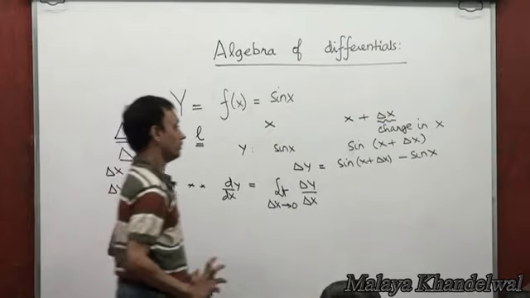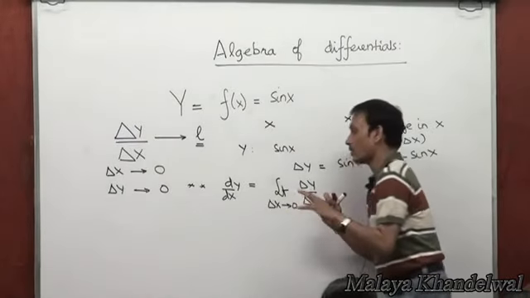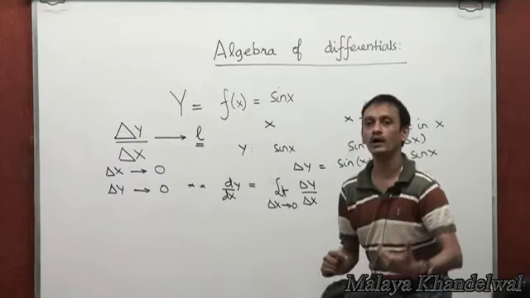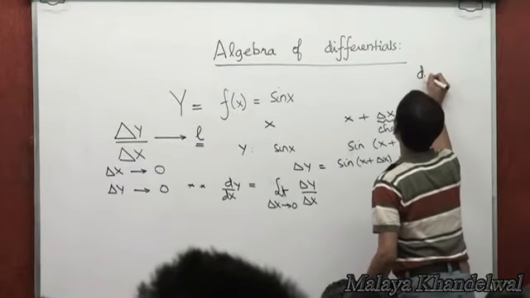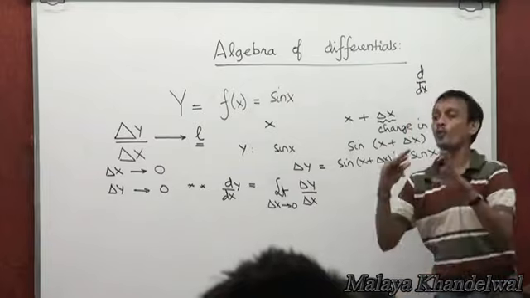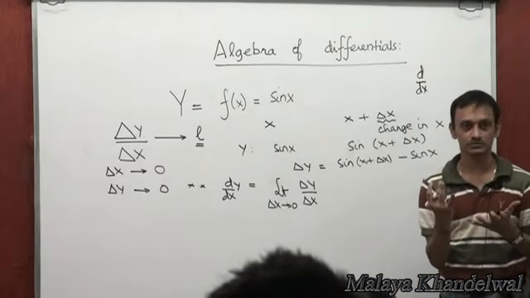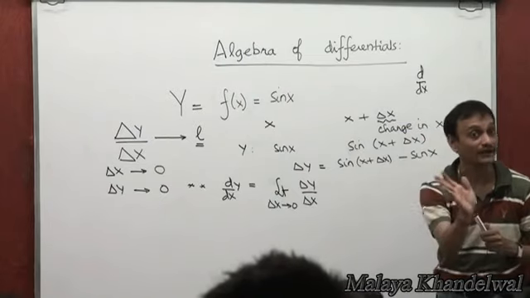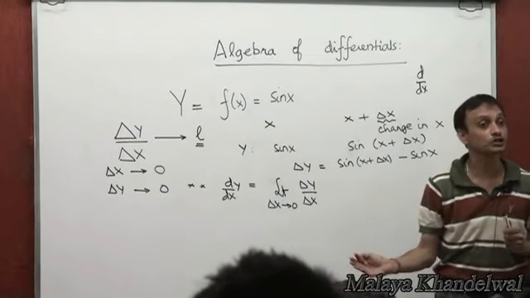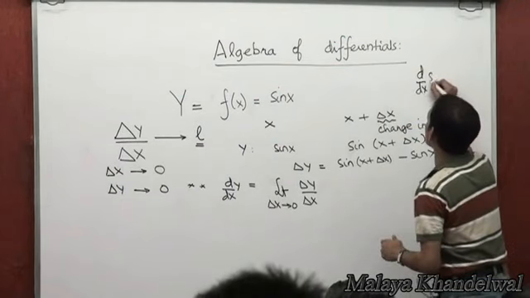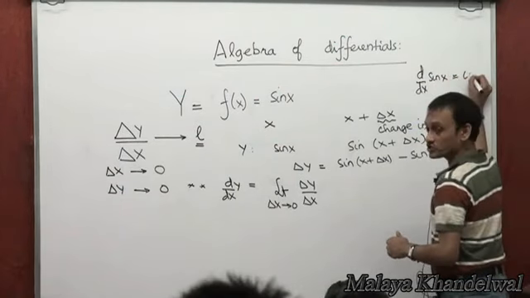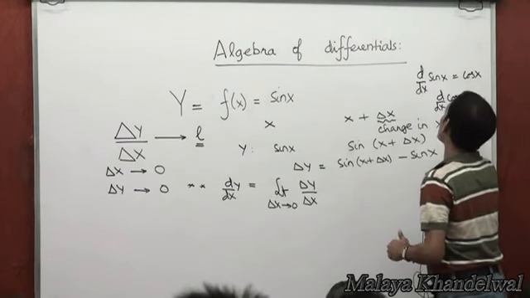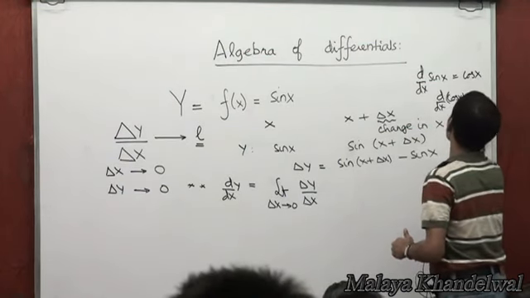Now, so far, all along I have been telling you, d/dx is an operator. It's capable of acting on functions to produce a certain output. For example, when it acts on sin x, it produces a cos x. When it acts on cos x, it produces a minus sin x.